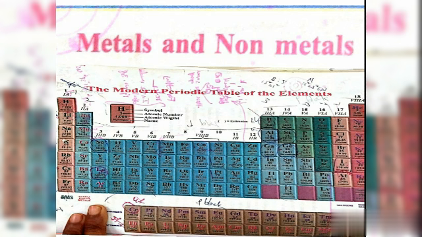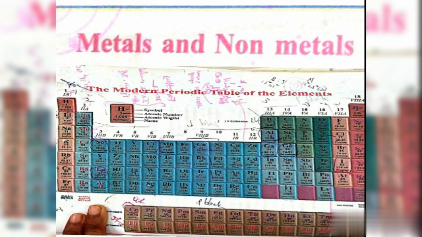Next, non-metal means an element with 5 or more electrons in the outermost shell. For example, oxygen.